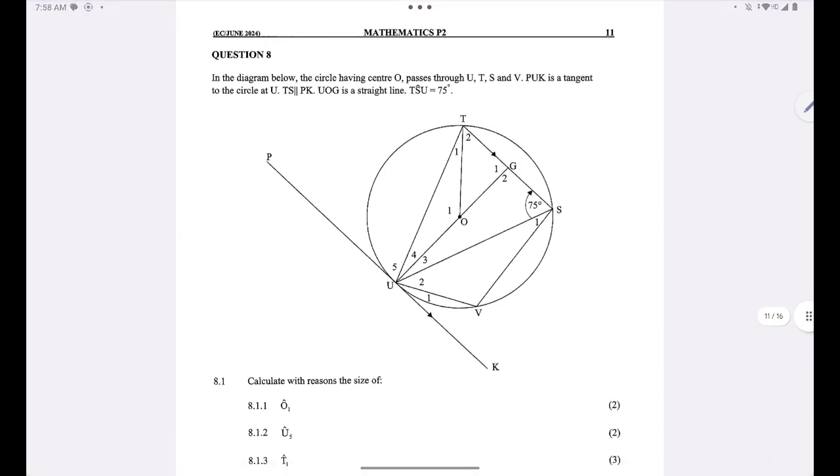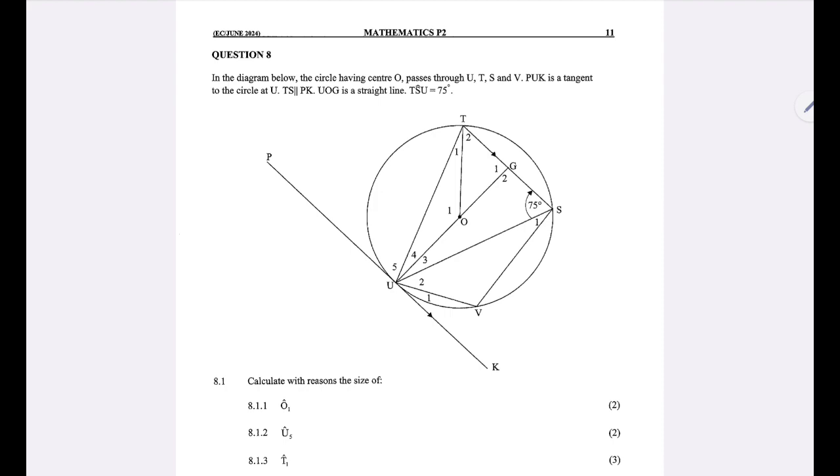I'm given a diagram below. The circle having a center at O. Immediately when they tell me about the center, I must mainly focus on two theorems. The one that says the angle at the center is 2 times the one at the circumference, and the other theorem that states that a line drawn from the center to the midpoint of a chord is perpendicular to the chord, and the inverse of that theorem, whereby a line drawn from the center perpendicular to the chord bisects the chord.